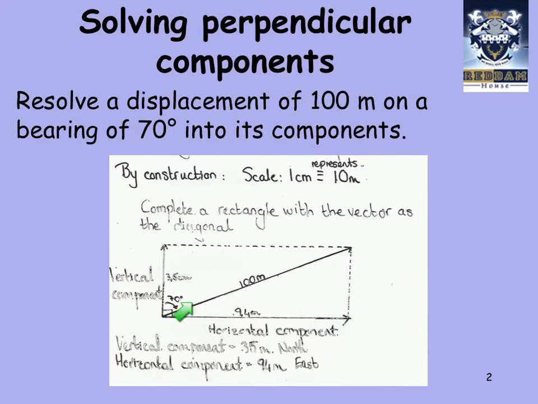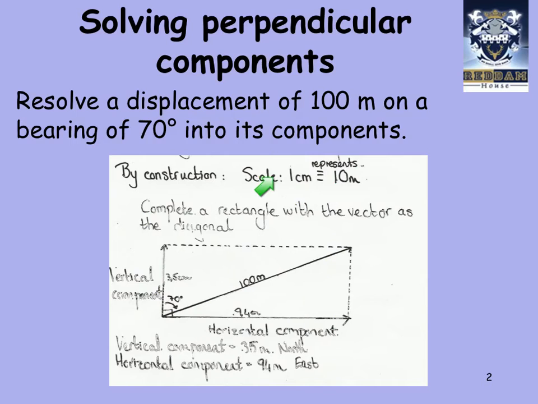Because I'm pointing up towards the top right-hand side of the page, I would have a right-hand horizontal component and an upward vertical component. Since I have to complete an exact parallelogram, that would define the length of these two lines, and it turns out that this line would need to be 9,4 centimeters and this line 3,5 centimeters.